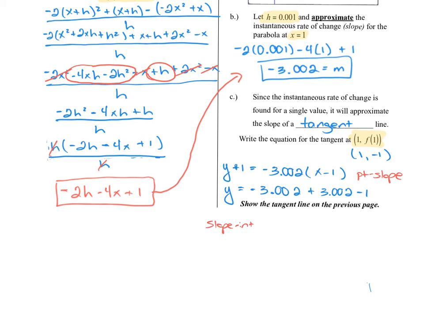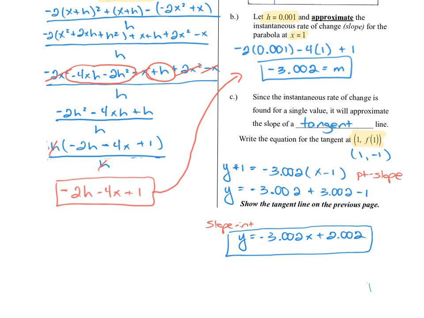When I get that into its final slope-intercept form, I get y equals negative 3.002x plus 2.002. Now, for those of you who are in my class, we will open up our notes and graph this tangent line on that previous page of notes so you can see that it does look like it's tangent to the graph that I've provided.